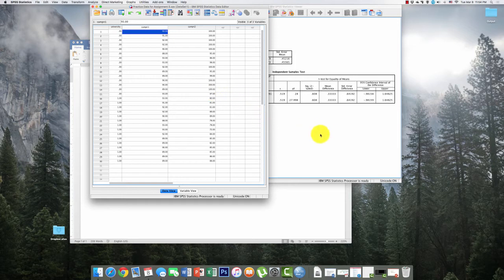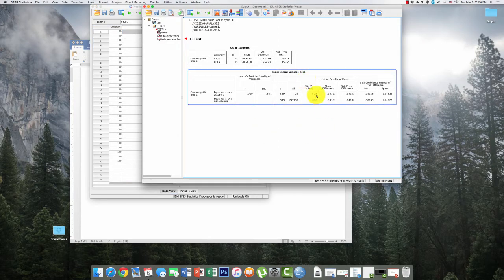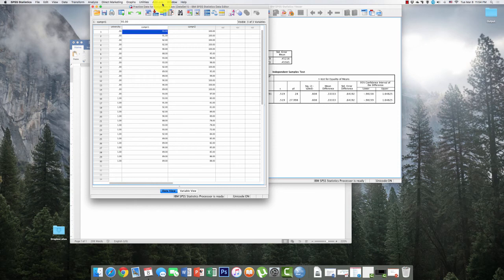Okay, so we see that it's not significant. There's no significant difference in the means, therefore there's no significant difference in the variances. And this is especially important. Remember, for time 1, we're only trying to see if the means are significant or not.